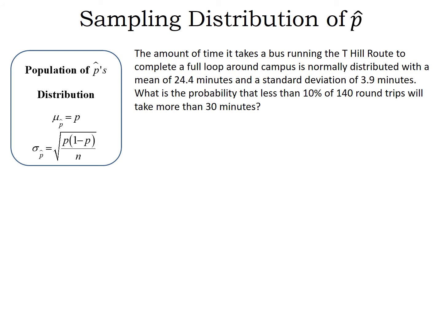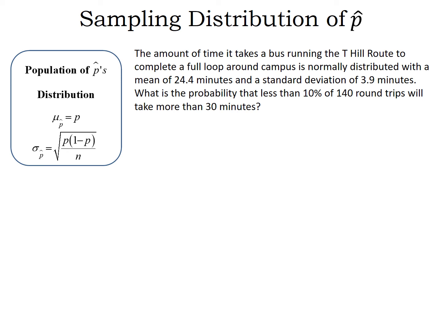Let's look at this example. We're still talking about the hill route and how much time it takes to complete a full loop. We know the mean is 24.4 minutes and the standard deviation is 3.9. Now the question is, what is the probability that less than 10% of 140 round trips will take more than 30 minutes?